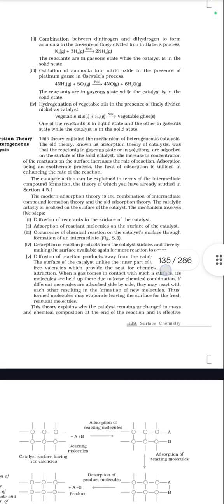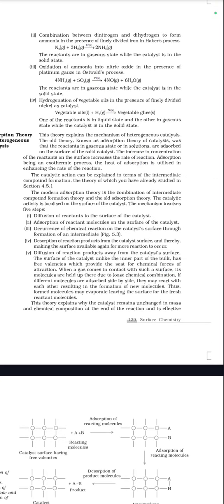Combination between dinitrogen and dihydrogen to form ammonia in the presence of finely divided iron in Haber's process. The reactants are in a gaseous state while the catalyst is in a solid state. Oxidation of ammonia into nitric oxide in the presence of platinum gauze in Ostwald's process. The reactants are in a gaseous state while the catalyst is in a solid state.